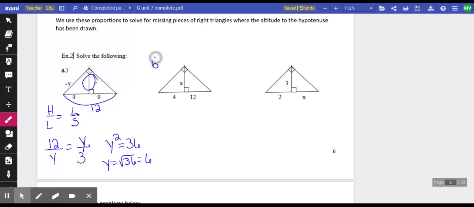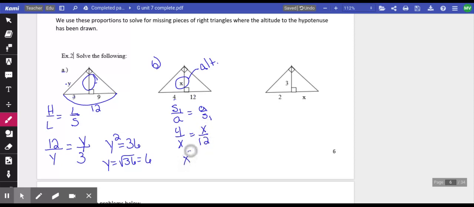Letter B, I'm looking for the altitude. So that means I'm going to use SAS. Segment 1 to altitude equals altitude to segment 2. Remember, my segments are how the hypotenuse is broken up. So I'm going to do 4 is to x, as x is to 12.